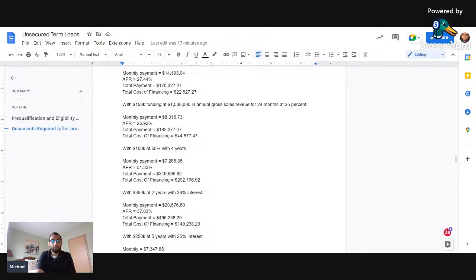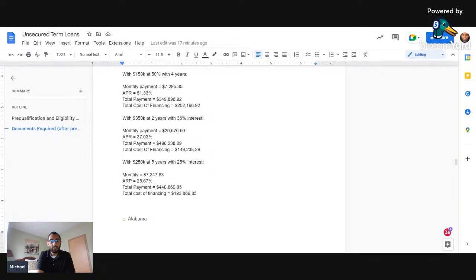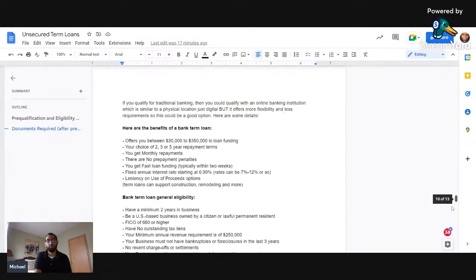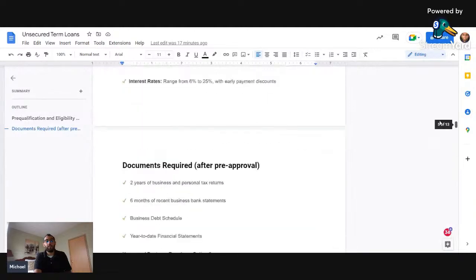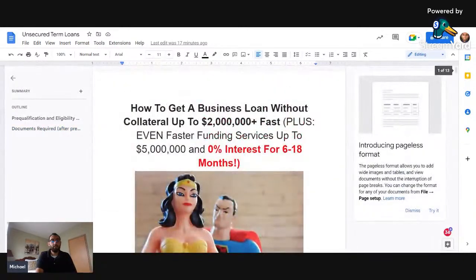With 350K at 2 years with 36% interest, the total cost of financing being 149,000. I'm just going to go through these quick. $250K, 5 years with 25% interest, $7,000 plus payment, 25.67% APR, $4,440,000 total payment, $193,000 total cost of financing. Okay, I feel like I've covered everything here.